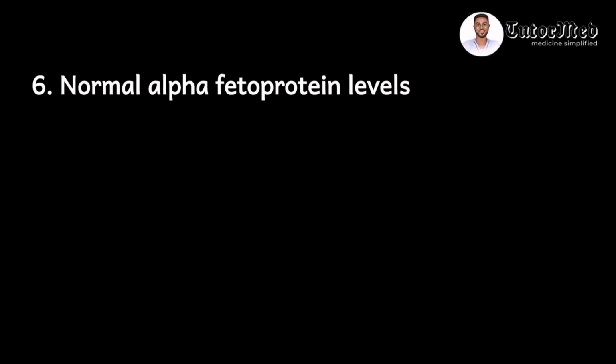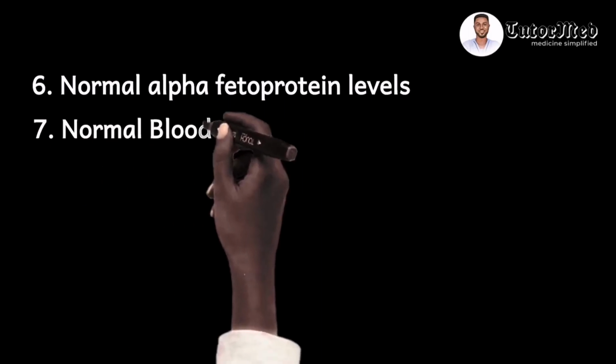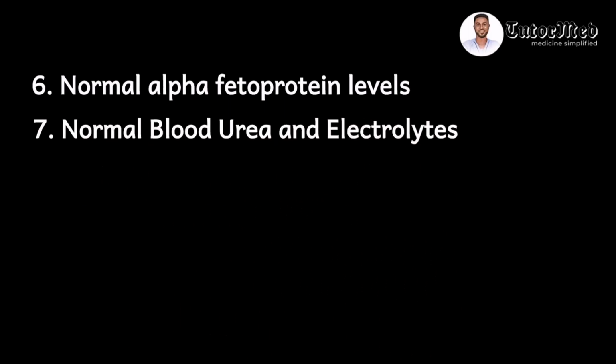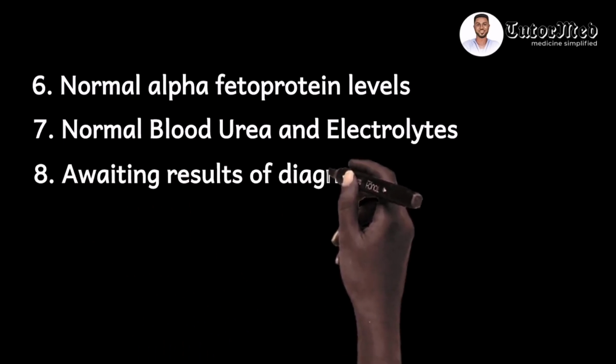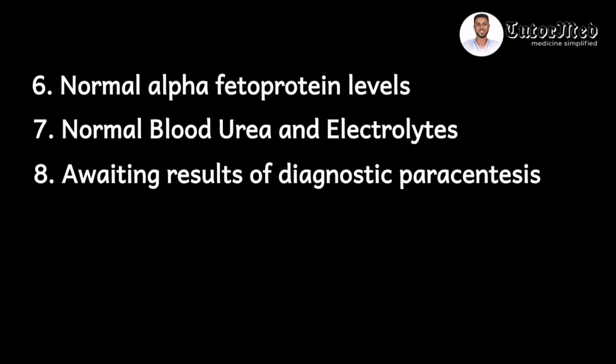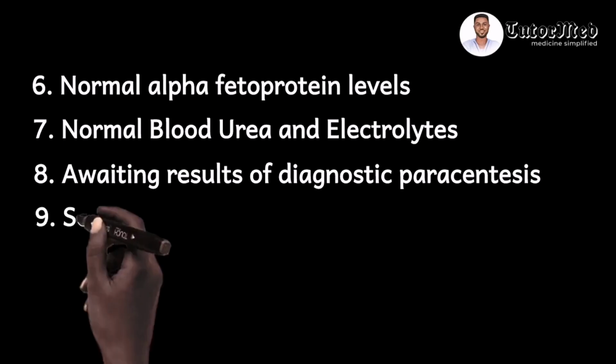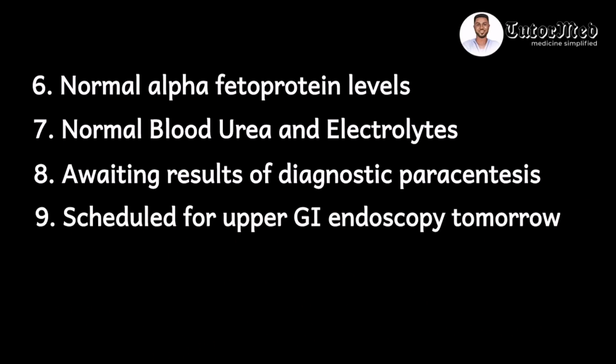Alpha fetoprotein levels done was normal. There was normal blood urea, electrolytes and creatinine. We are waiting results of diagnostic paracentesis, and he is scheduled for upper GI endoscopy tomorrow.